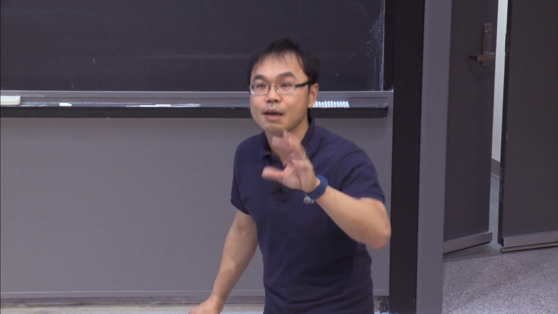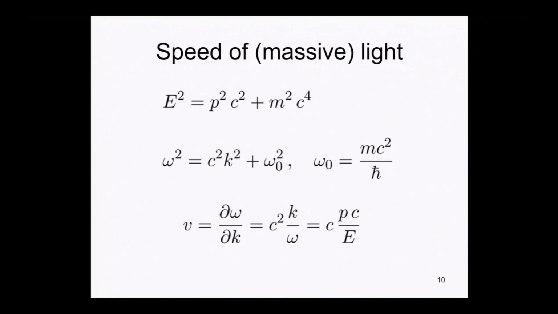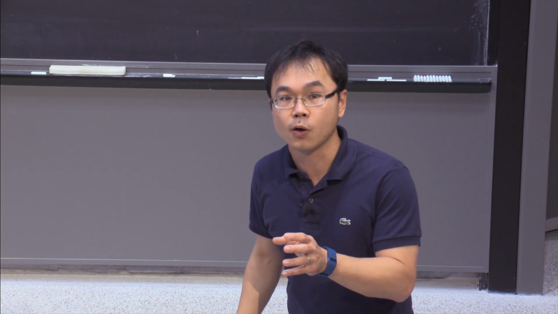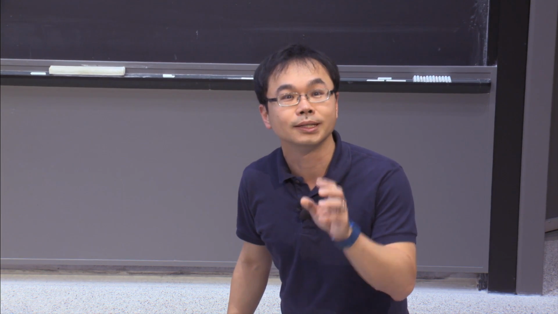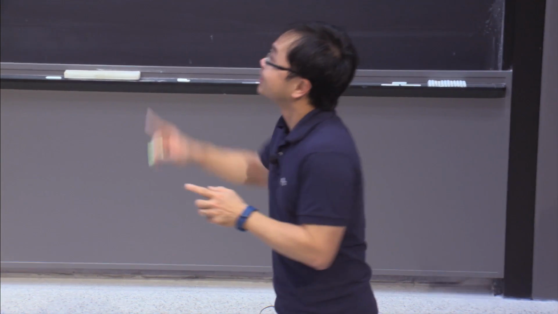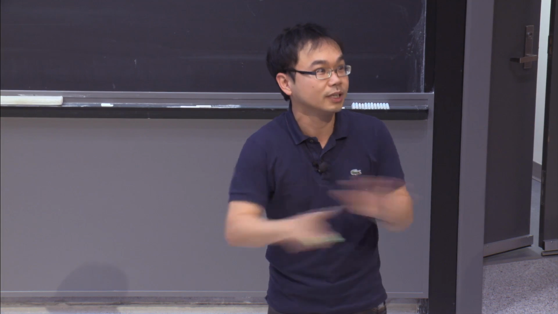So what does it mean for a photon to have mass here? That means the m term in this special relativity formula is non-zero. Therefore, omega 0 will be non-zero. What is going to happen? That means the speed of light is going to be different.